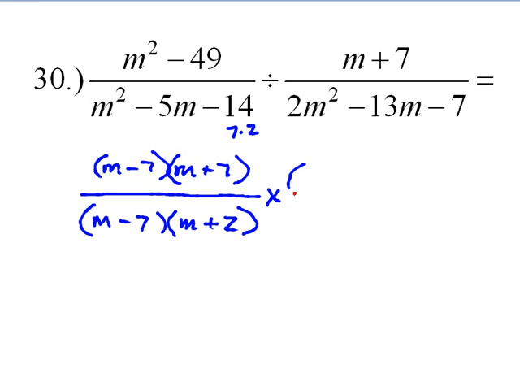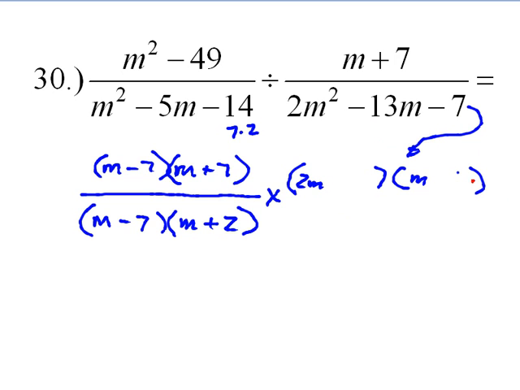Okay, now I'm going to factor this trinomial, because remember we have to invert it. So I know we've got 2m and m, and the only combinations of 7 are 7 and 1, so we've got to end up with a 13.